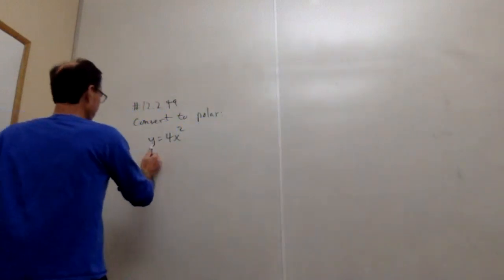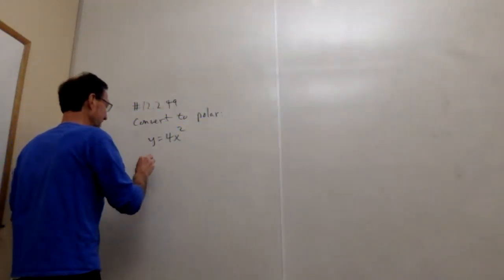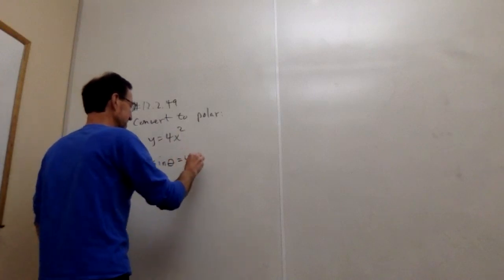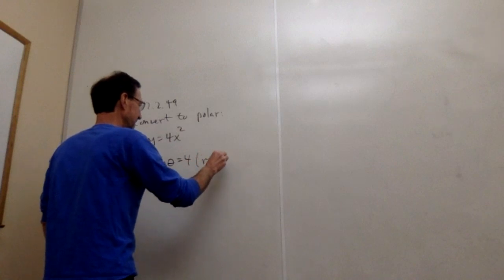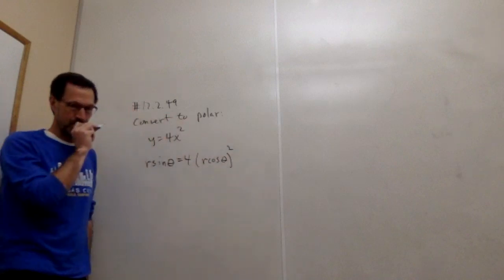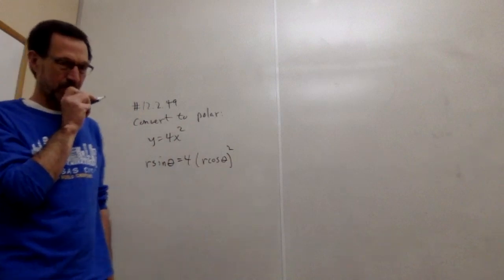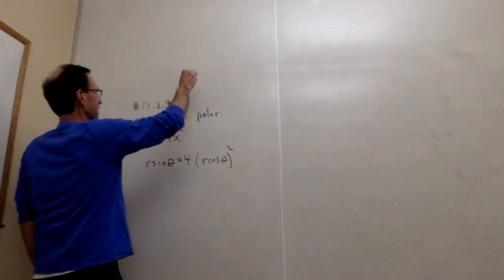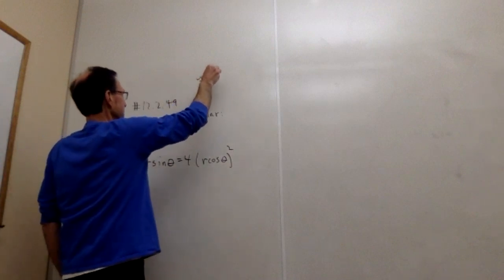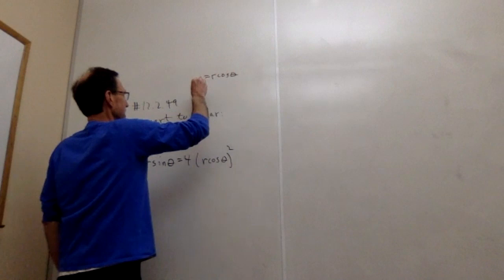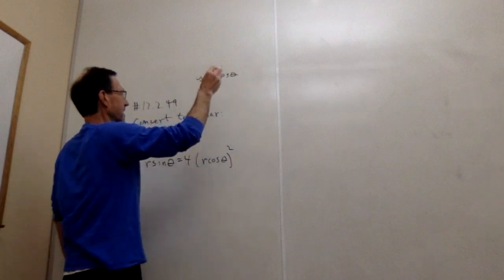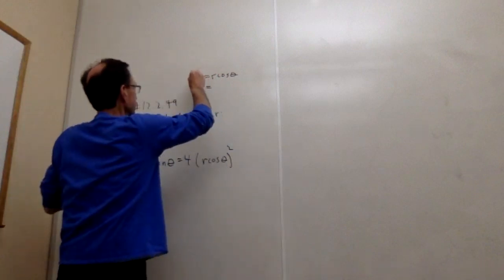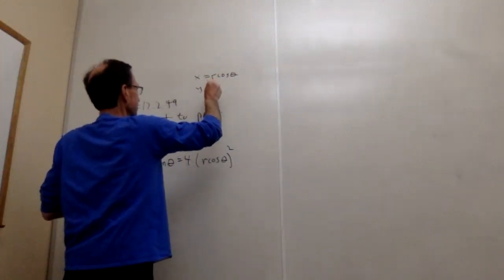So we can convert y to polar and we get r sine theta, right? And x is r cosine theta, and we square that. So the relationships between polar and rectangular, some of them.